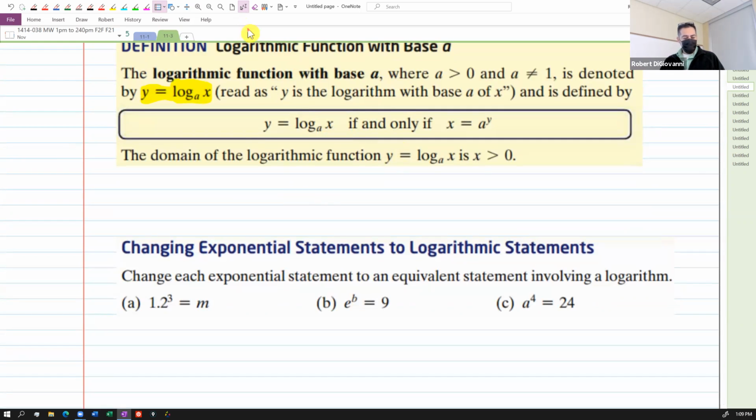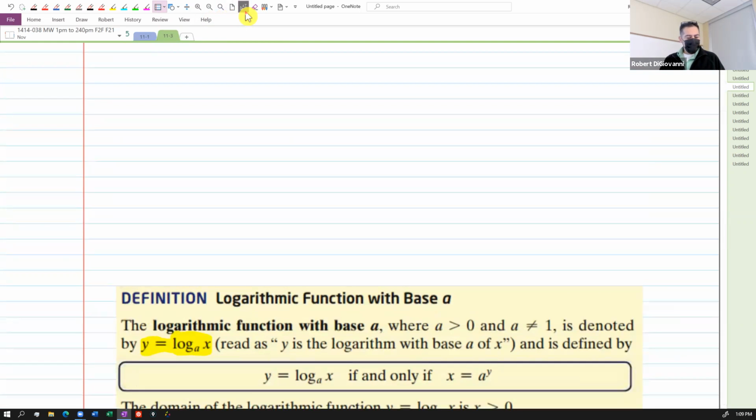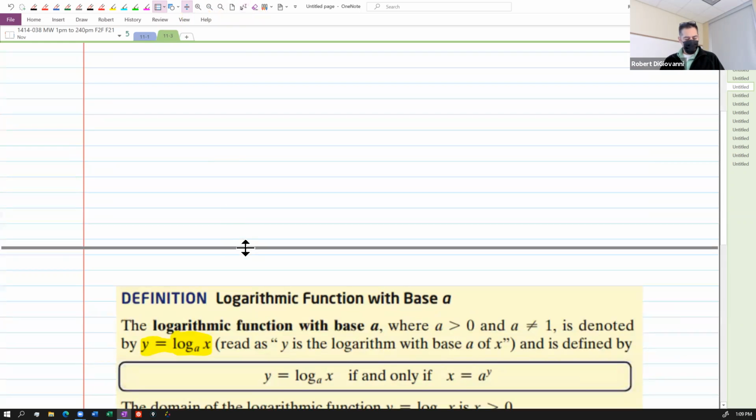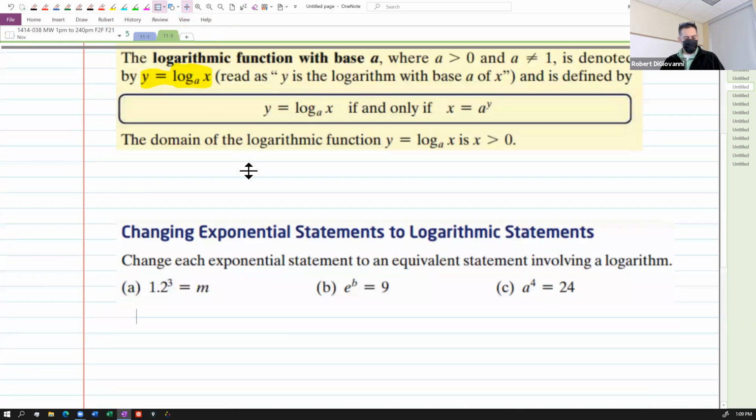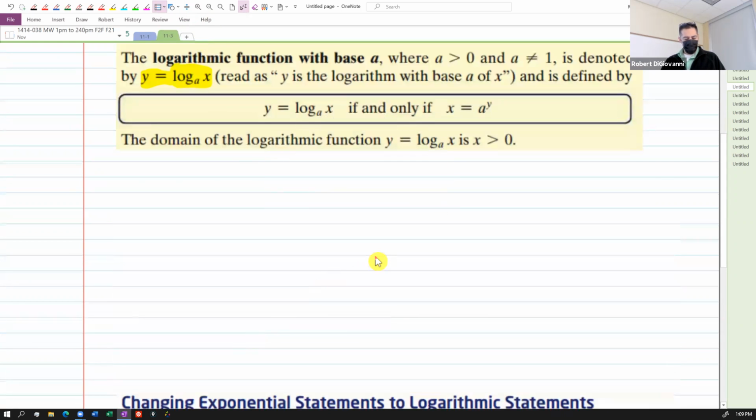So what this notation means is that if you ever write this equation down, y equals log base a of x, what it means is that x equals a to the y.